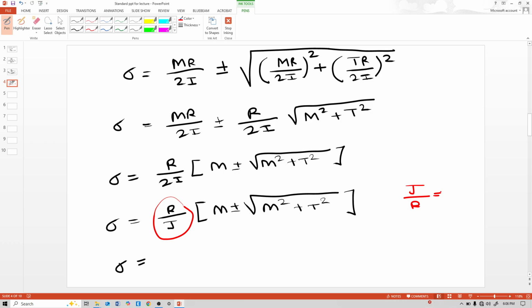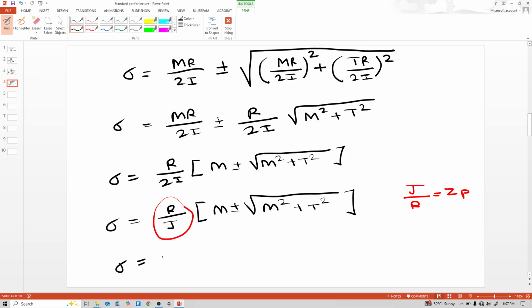See, polar sectional modulus. Polar sectional modulus is defined as the quantity which is obtained by dividing the polar moment of inertia of the cross section of the member by the distance of the extreme fiber from the centroidal axis. That means polar moment of inertia divided by R is Zp, and Zp is nothing but the polar sectional modulus.